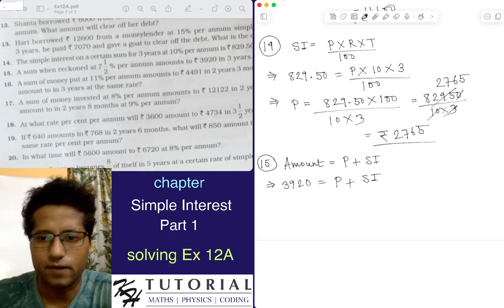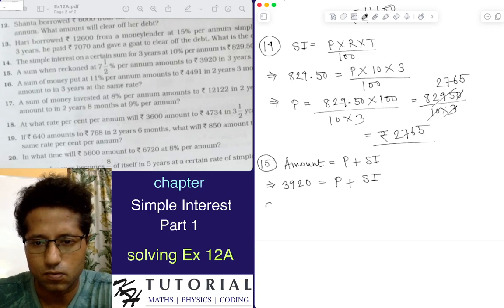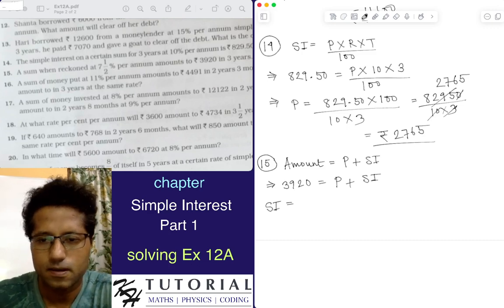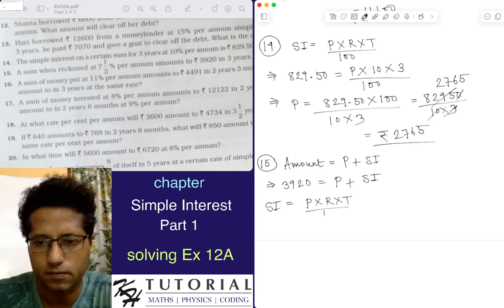Okay, now we have to find P. Now what will be SI? SI is P into R into T divided by 100.